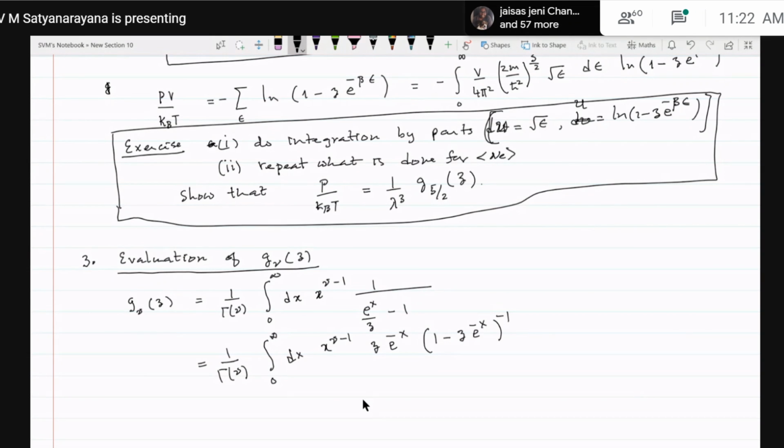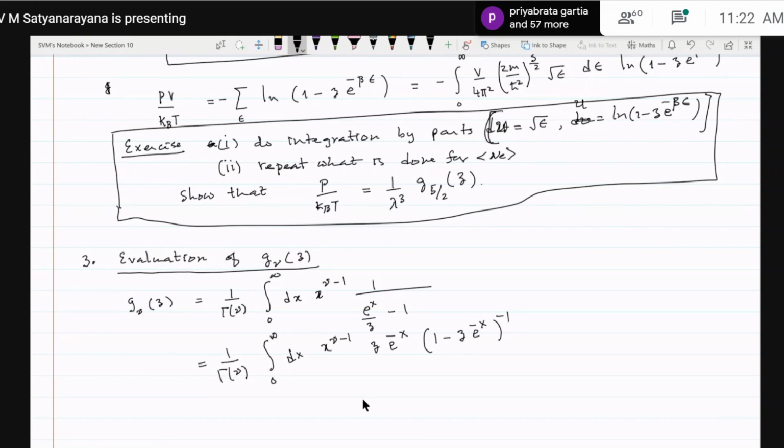I pull out this factor and then I have this. Now this is something which you can expand in a binomial series. So you have an infinite series, so there are infinite series of integrals.